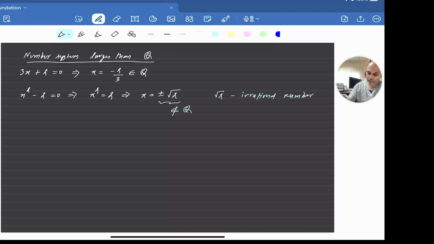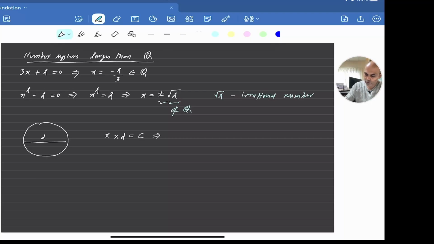Let's look at another example, a geometric problem. Let's take a circle with the diameter d, and then let's ask ourselves what number x, when multiplied with the diameter of the circle, gives us the circumference of the circle.